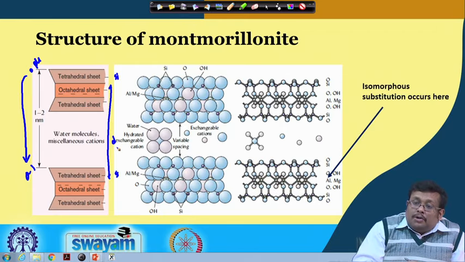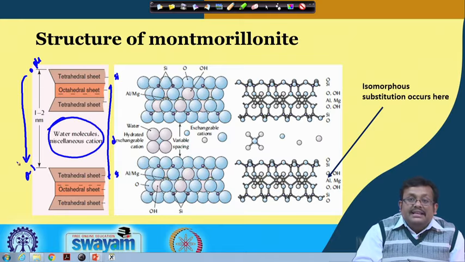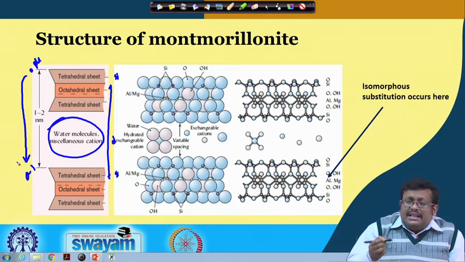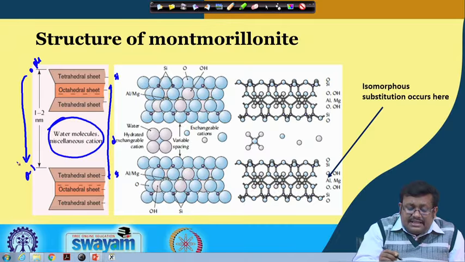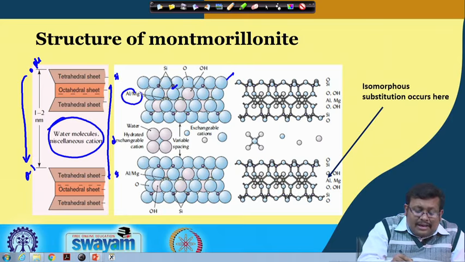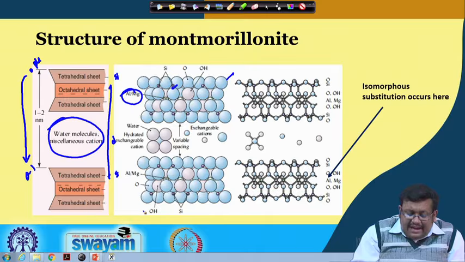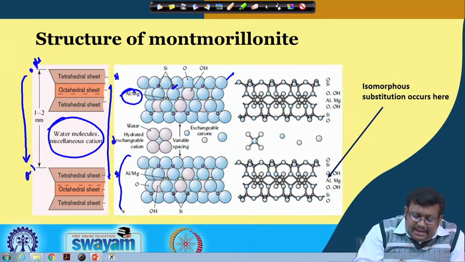So, in case of Montmorillonite, the d axis spacing varies from 1 to 2 nanometer, because in the interlayer space there is a high amount of water molecules and miscellaneous cations. Why are there high water molecules and interlayer cations? Because you can see this is a structure of Montmorillonite. Obviously, there will be hydroxyl, there will be oxygen atoms and there will be silica atoms, followed by hydroxyl, then aluminum and magnesium because of isomorphous substitution, and the similar repeating layer you can see here.